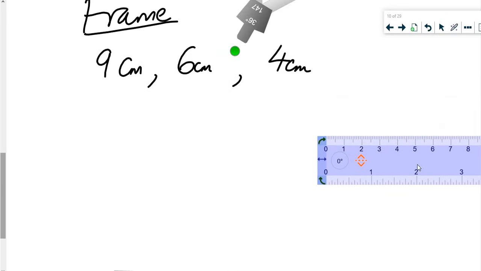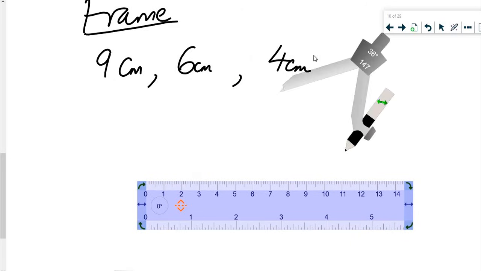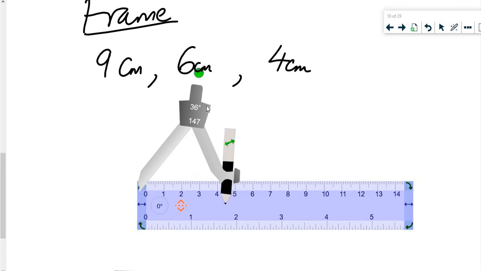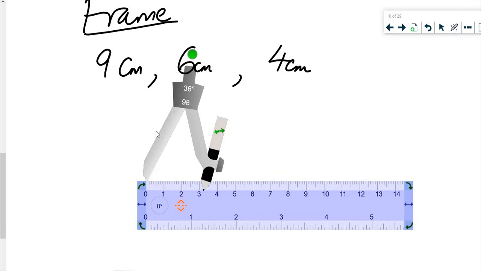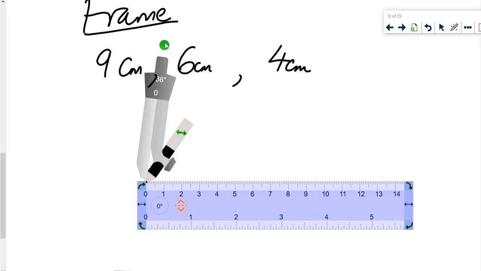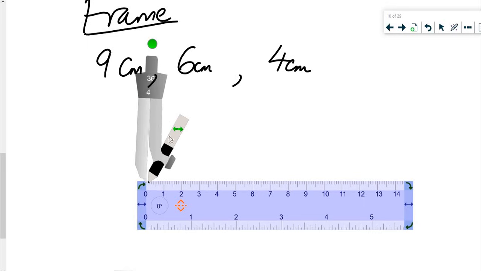Then after that, take your scale and take your compass also. This time we're going to open the compass to a radius of 6 centimeters.